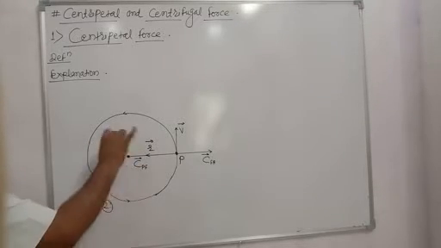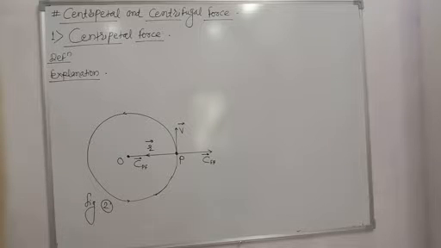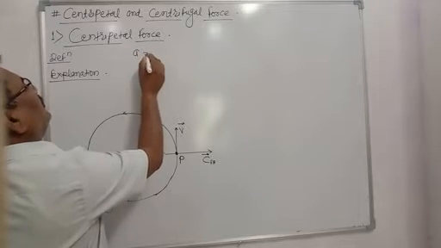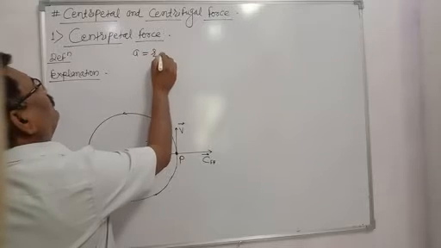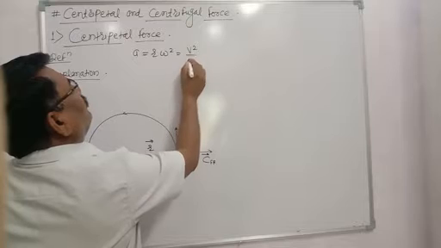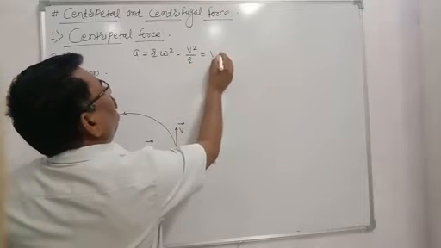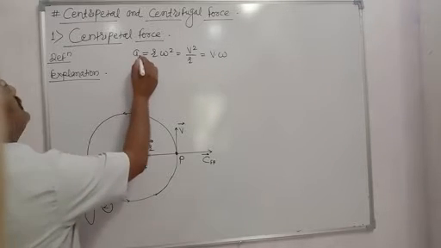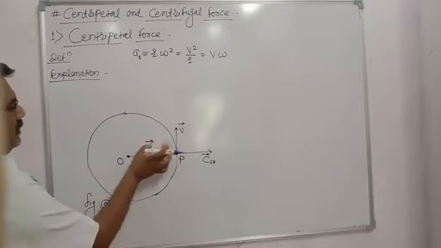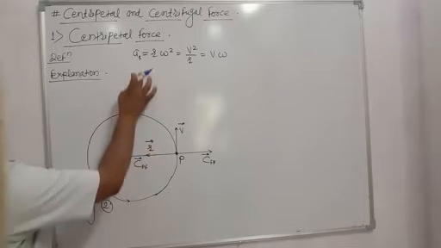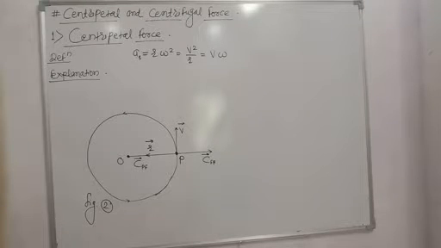The acceleration of the particle is given by a = r omega square, which is equal to v square upon r, or v into omega, and that acceleration is directed towards the center of the circle along the radius, so it is known as radial acceleration.